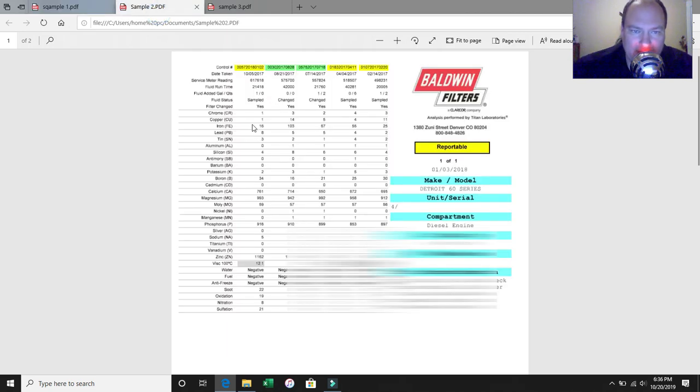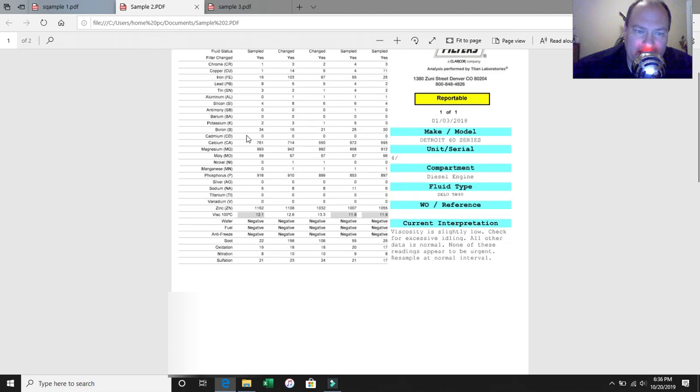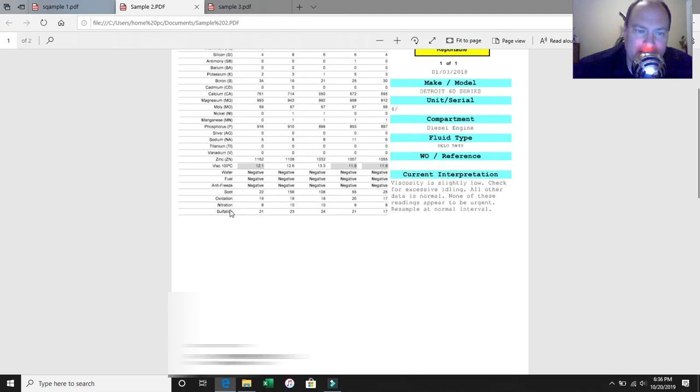This is a less expensive sample. They don't give you the TBN, basically, is the only thing that's missing. But they do give us sulfation. So sulfation would be fuel contamination, excessive idling, low temperature burn. As the TBN drops, you'll also notice the sulfation increase.